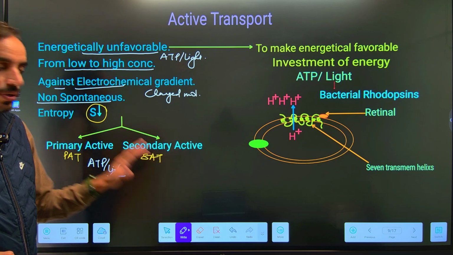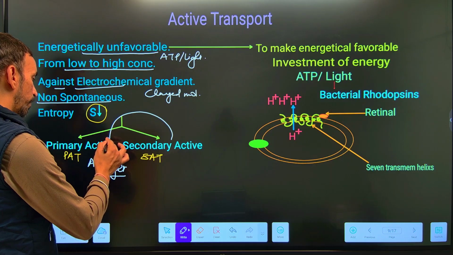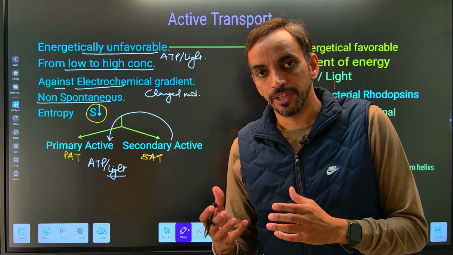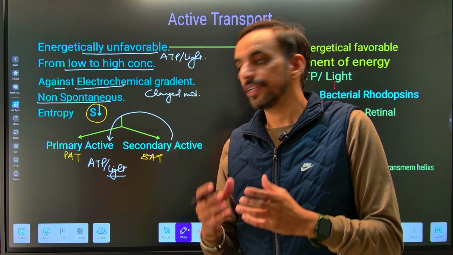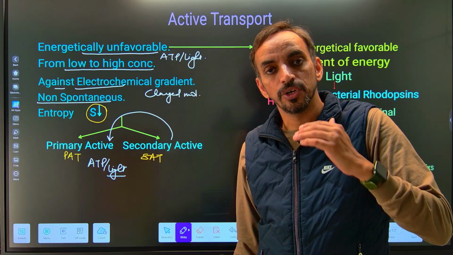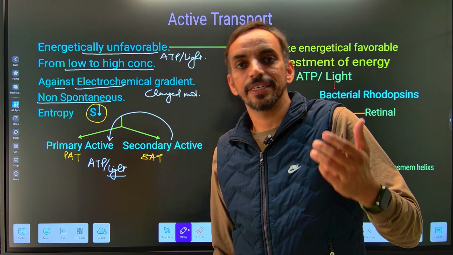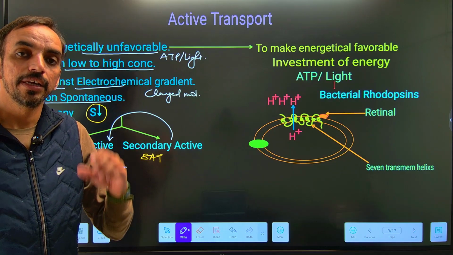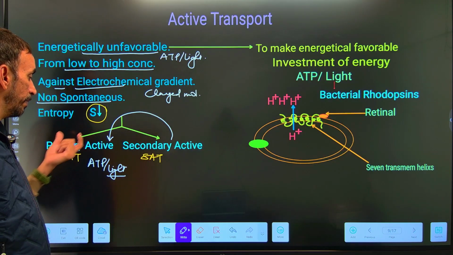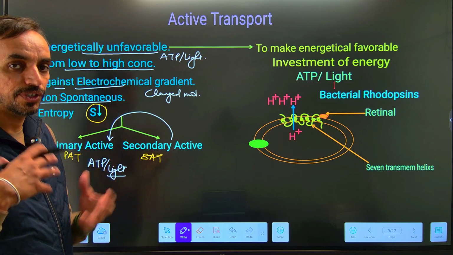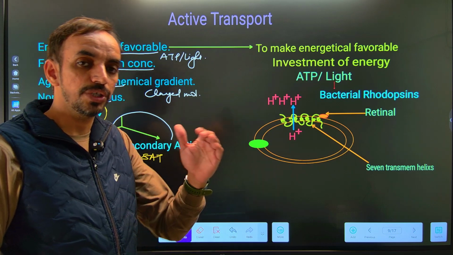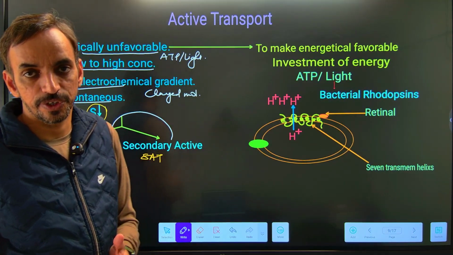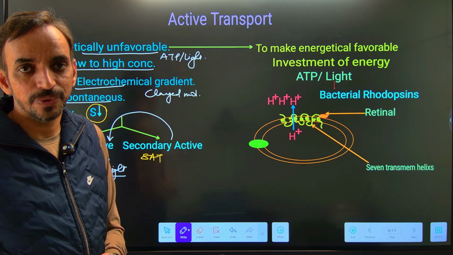The secondary active transport completely depends upon the occurrence of primary active transport. It utilizes the gradient created by the primary active transport to transport other molecules against their concentrational gradient. This means it completely depends on primary active transportation. Secondary active transportation will happen only when primary active transportation has occurred somewhere and created some concentrational gradient. That same gradient is then utilized for the transportation of some other molecules against the concentrational gradient, because it is an active transport.